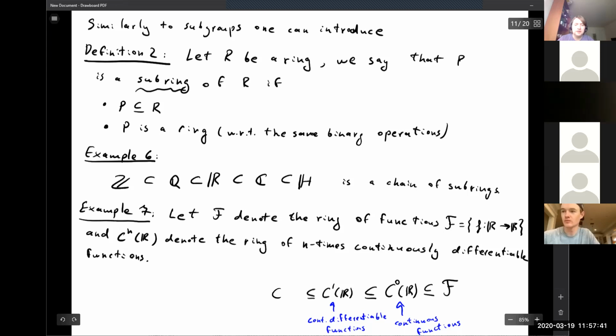So inside that you have C2 of R, etc. And actually, there is even a smaller subring, which are infinitely differentiable functions, functions which can be differentiated infinitely many times.